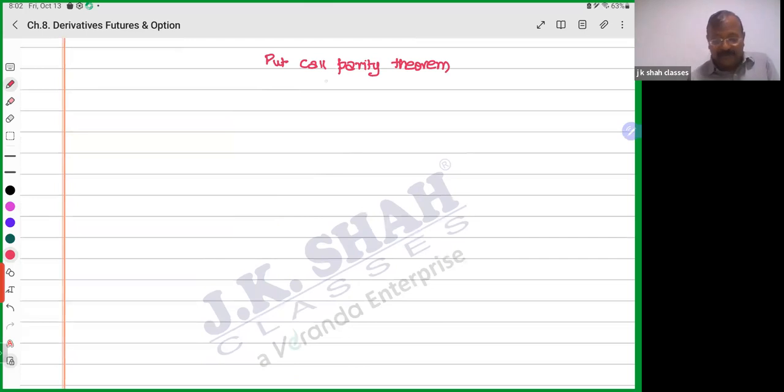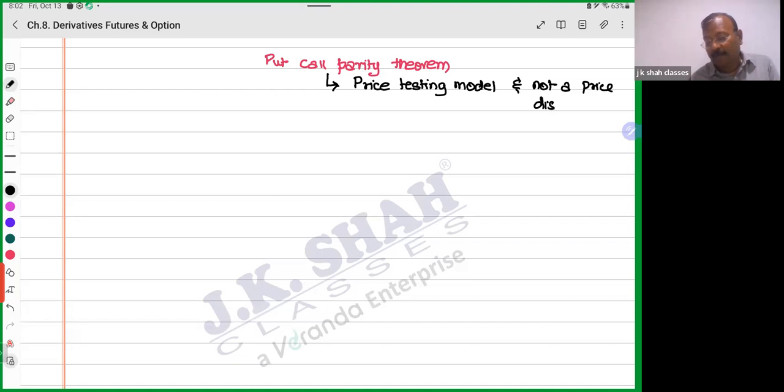You have to write this, but wait. This is what we call a price testing model, and not a price discovery model.